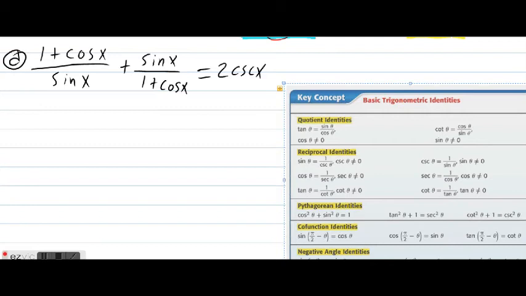Okay, let's start going through this now. So I want to combine these fractions together. That means I need a common denominator. Do you remember in the past when we were doing these problems?